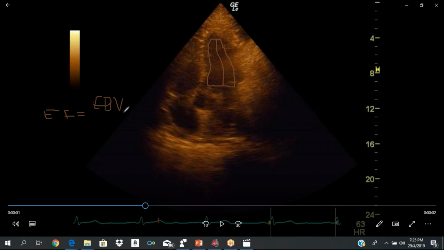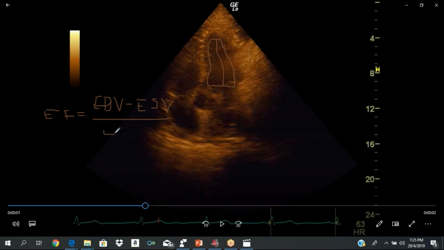So it's the end diastolic volume. You're going to minus your end systolic volume, and you're going to divide by your end diastolic volume.